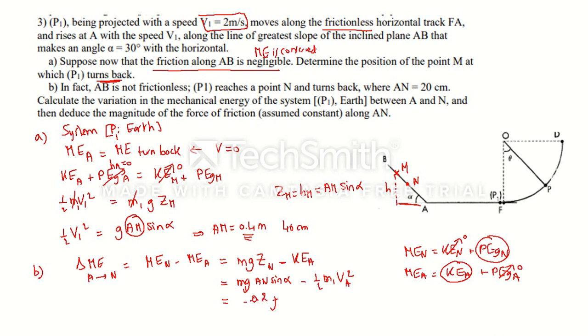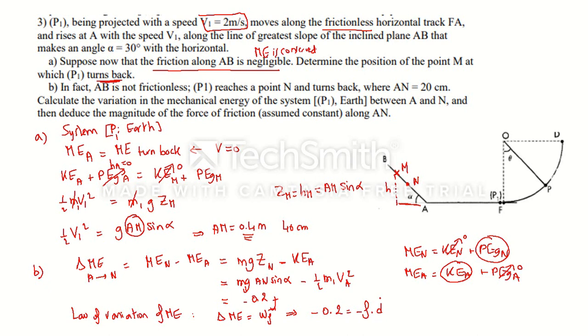The question is then to calculate the force of friction. We know that if we have friction, then we use the law of variation of mechanical energy, which gives us that delta ME is equal to the work of the friction. So minus 0.2 equals, now what's the work of the friction? Minus F times displacement.